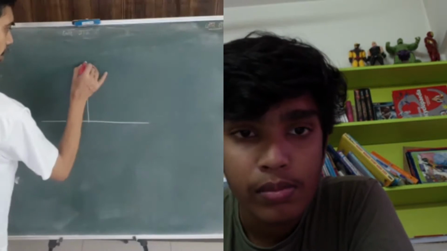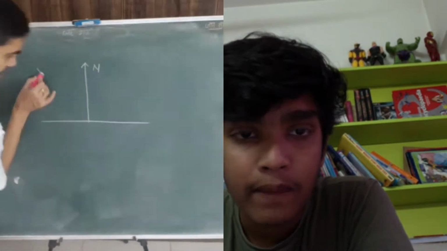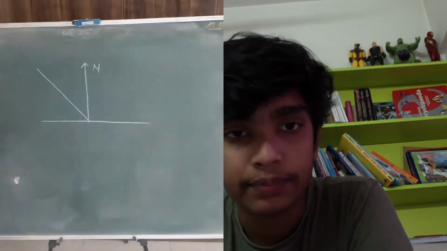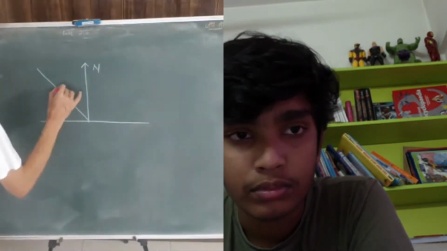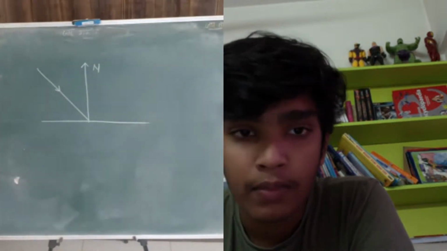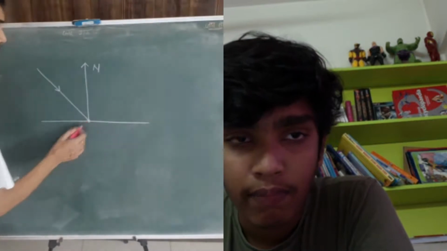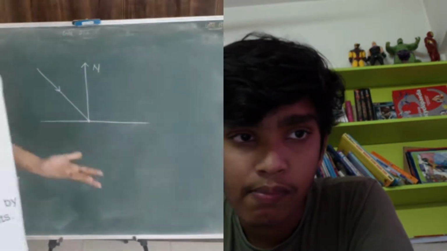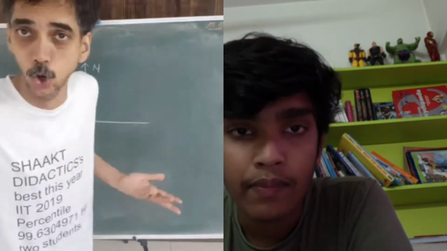Normal drawn where? Normal drawn at the point of intersection of the incident ray.